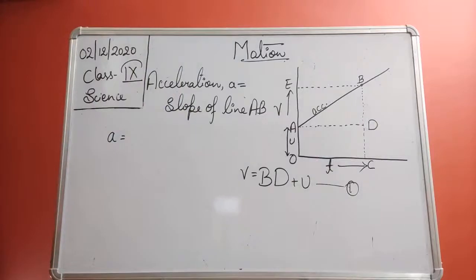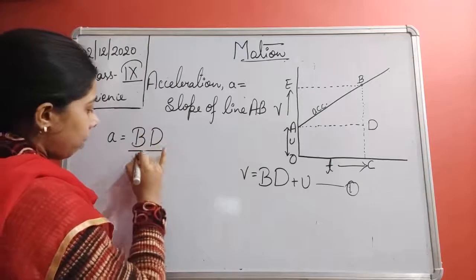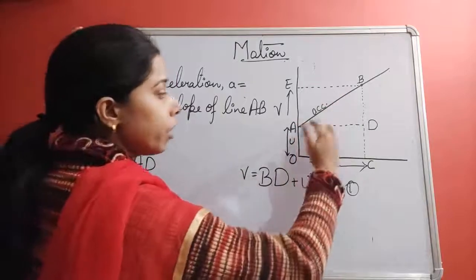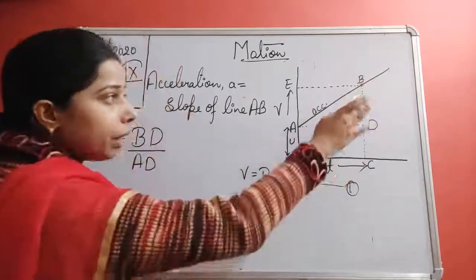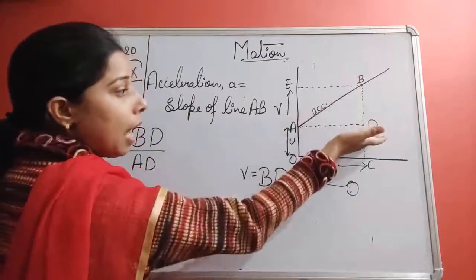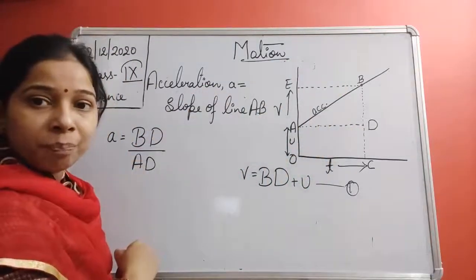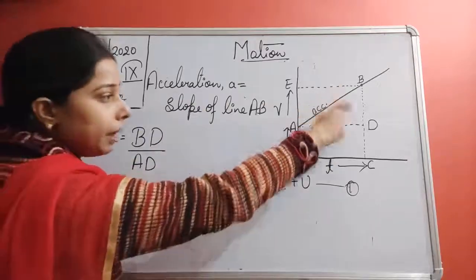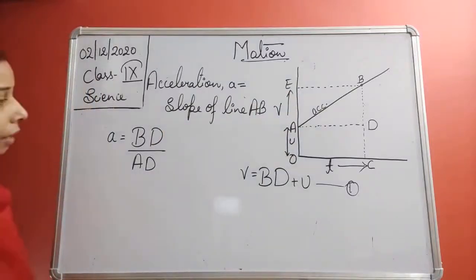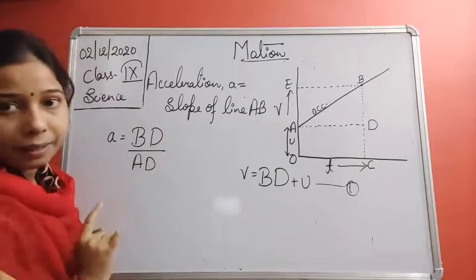Because you see, the velocity of the object changes from A to B. BD is the velocity of the object, and AD is the time taken by the object to reach the B position. So with the help of this, velocity upon time, we are able to find the acceleration by using the formula BD upon AD.